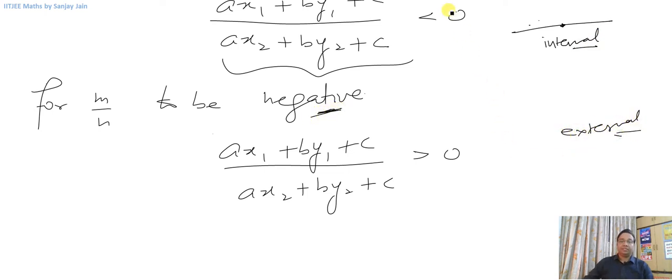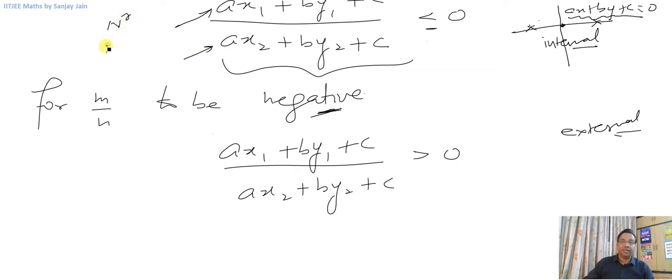So consider this, if these 2 points are on the opposite sides of this line, let us say one point lies here, one point here. Now which line are we talking about? Ax plus by plus c equal to 0. So when I put x1 y1 in this line, and when I put x2 y2 in this line, now see, for this to be negative, we should have different signs of this expression and this expression.